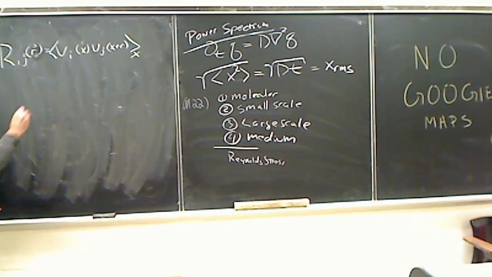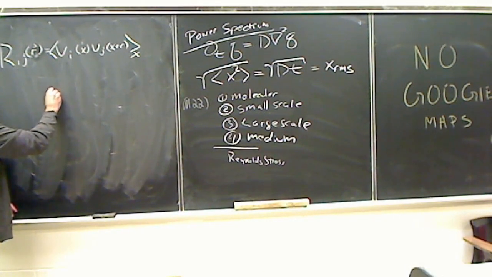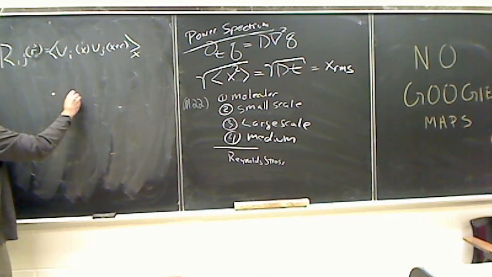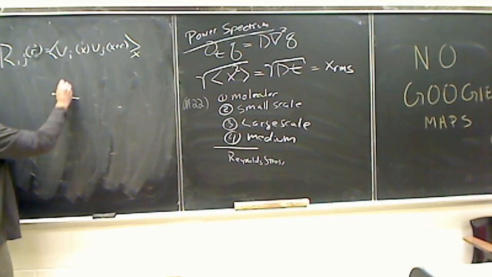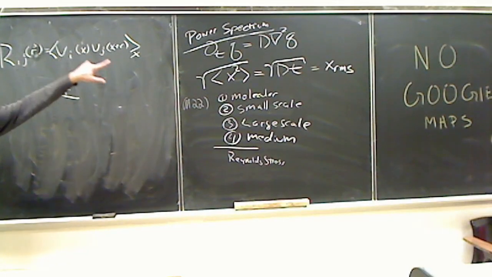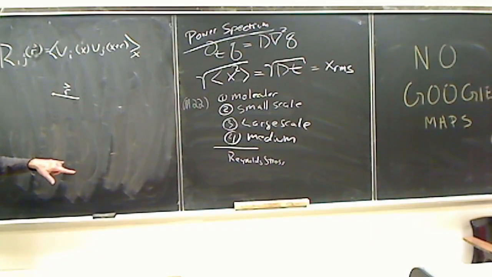So for every point in the box, I'm going to average over all x. For all points, I look at this, my vector R. I take this and I move this to every point in the box, and I average what I get.